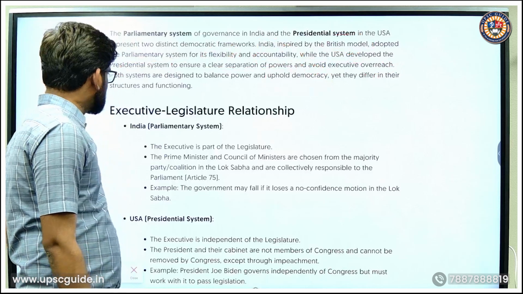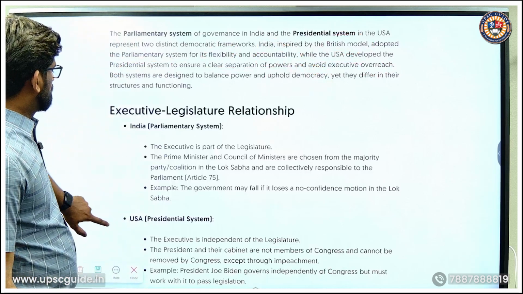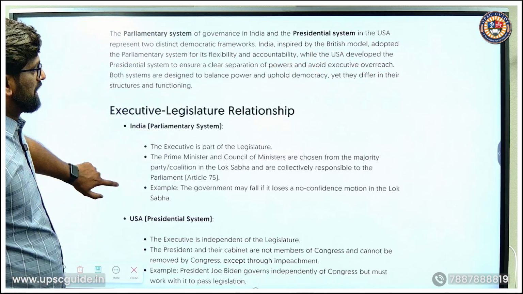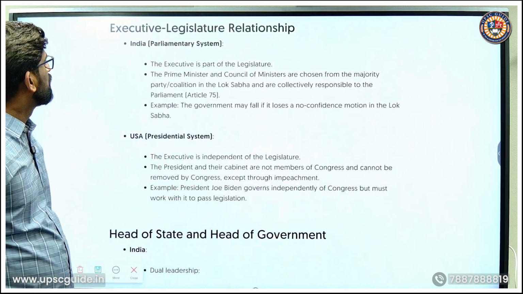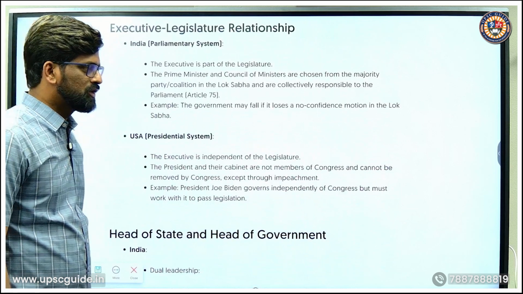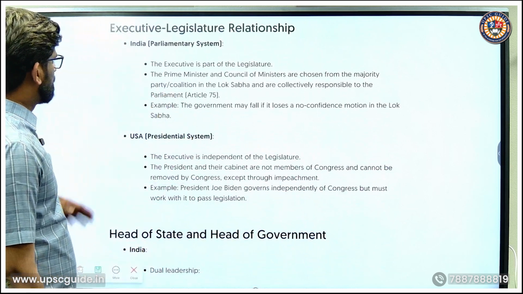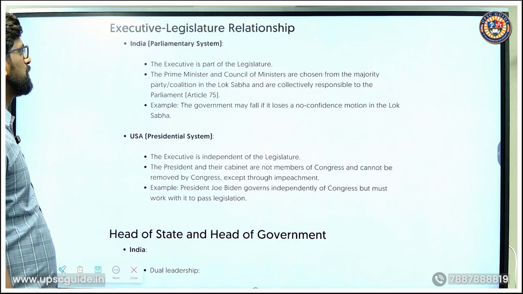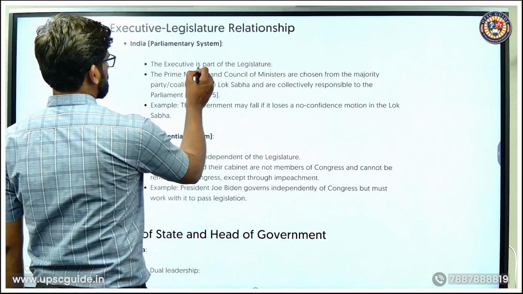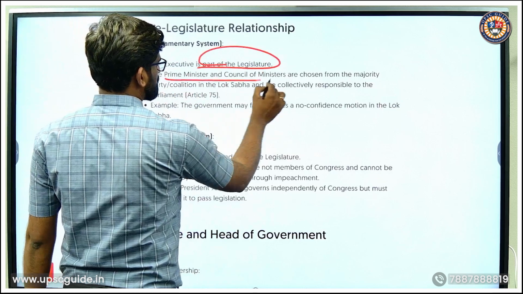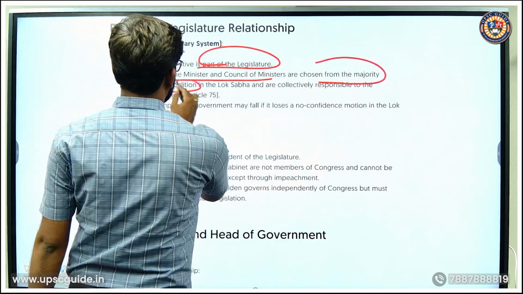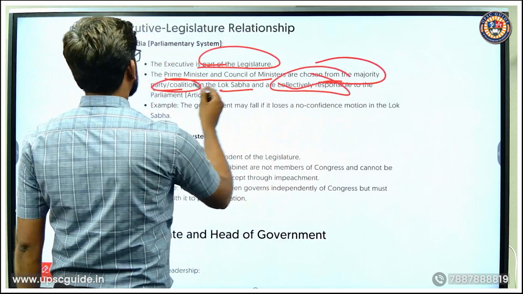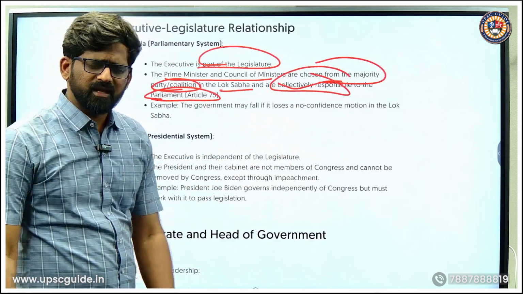So from that point of view, what is the difference between India's parliamentary system and USA's presidential system? You can see the first, the executive-legislative relationship. In India, we know that the executive is part of the legislature. The Prime Minister and Council of Ministers are chosen from the majority party or coalition in Lok Sabha, and they are collectively responsible to Parliament in general and Lok Sabha in particular.